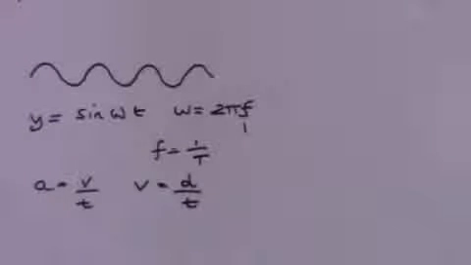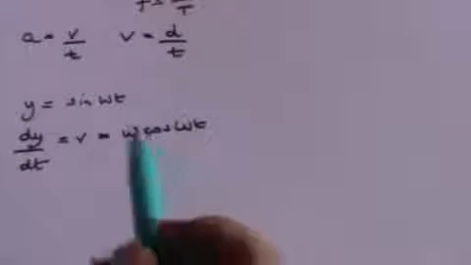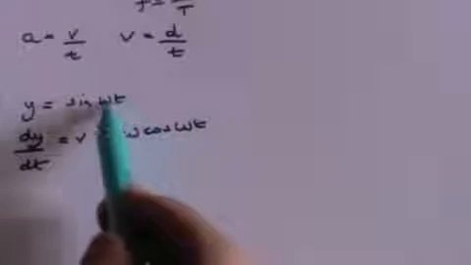to time. y equals sine omega t. dy by dt is the velocity, and that equals omega cosine omega t. Differentiating a sine term gives a cosine term, but multiplied by the omega.